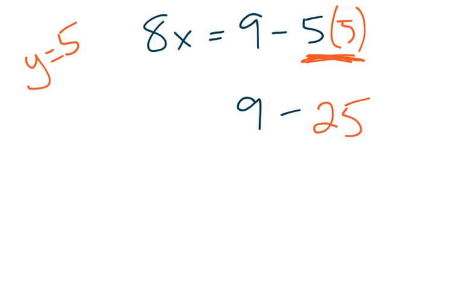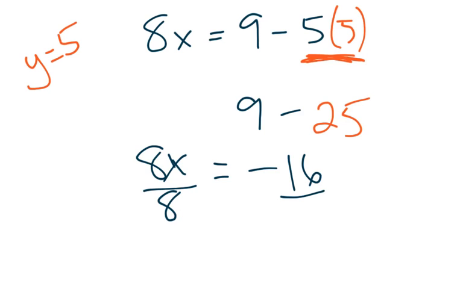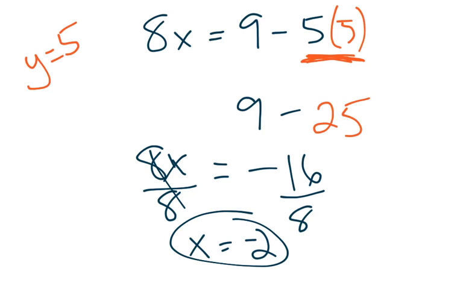And then I got 9 minus 25. 9 minus 25 would be negative 16. Had to think about that. So 8x equals negative 16. Then we divide by 8 on both sides, and we get that x is negative 2.